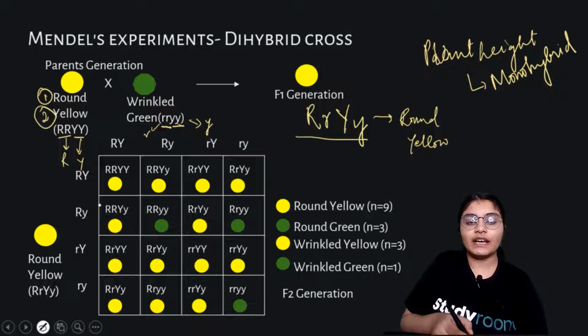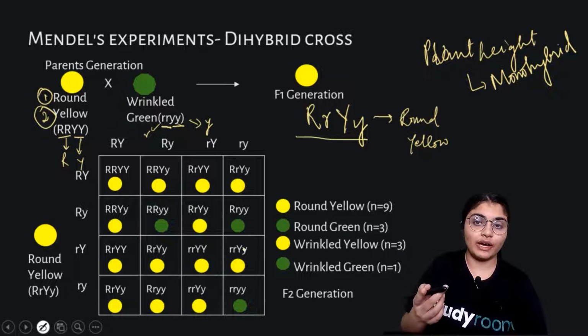So then again we'll cross this generation. We'll do the self crossing in the F2 generation, as we did in the monohybrid cross.